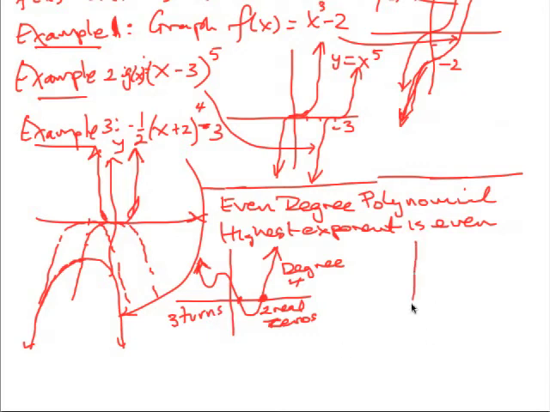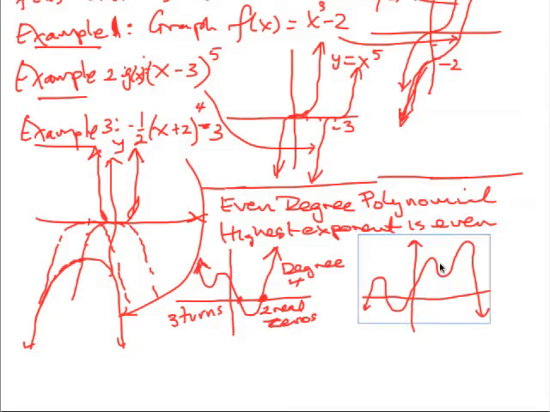Interestingly enough, if I now look at a degree 6 polynomial, I could have something like this. And notice that this is degree 6, and we have 1, 2, 3, 4 zeros.